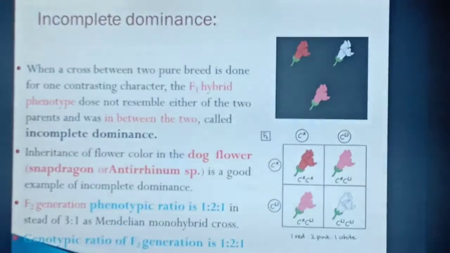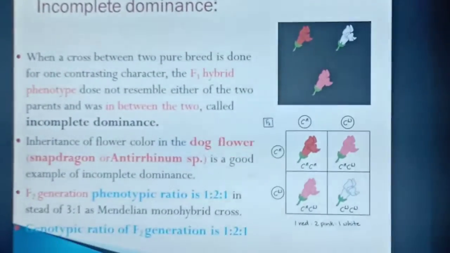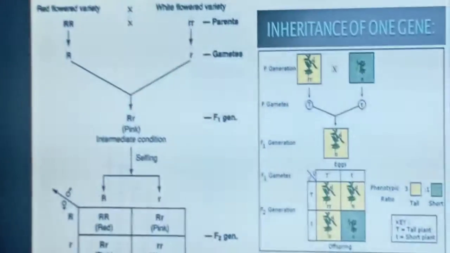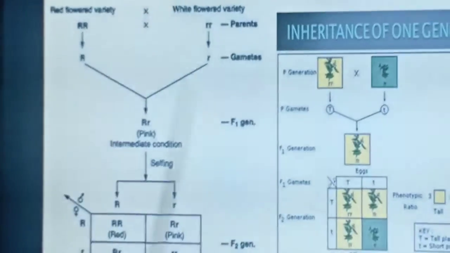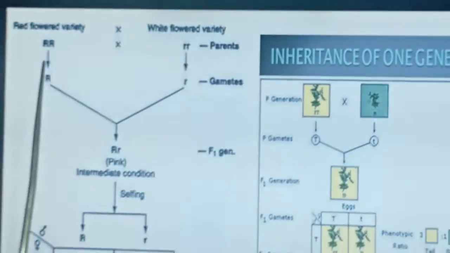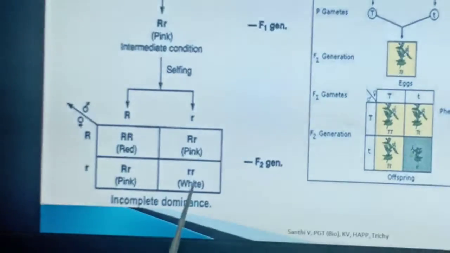And also the F1 hybrid will be intermediate between both the parents. So when you compare these two, this is not incomplete dominance, it is complete dominance. In incomplete dominance, red and white, if we cross, produce pink, and later it produces a 1:2:1 ratio.